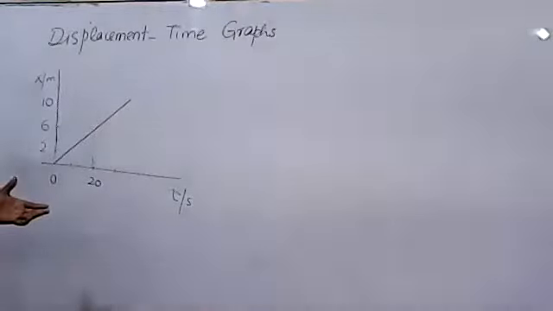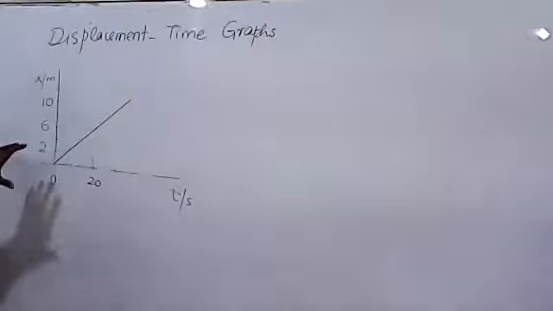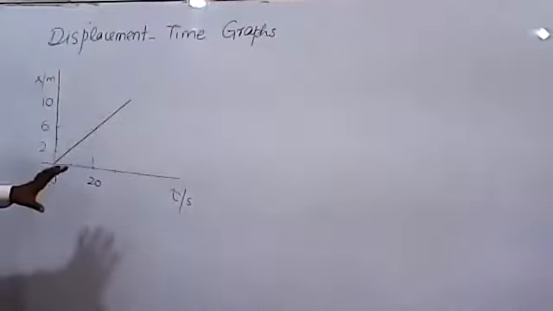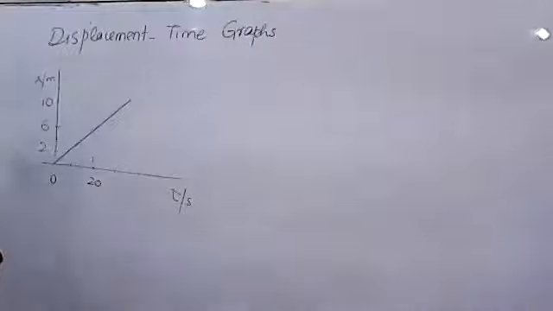So one important quantity that we can learn from a displacement time graph or distance time graph is speed or velocity. That simply means the gradient of this graph, whatever its shape, gives us the speed or velocity.